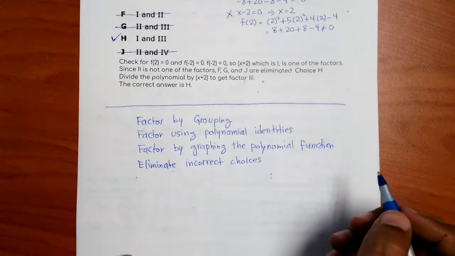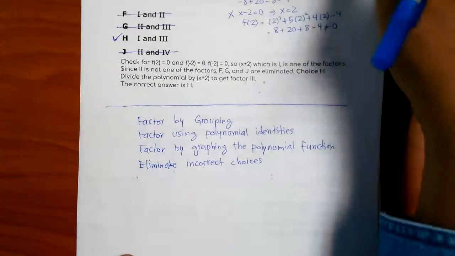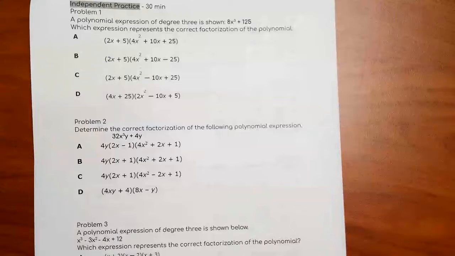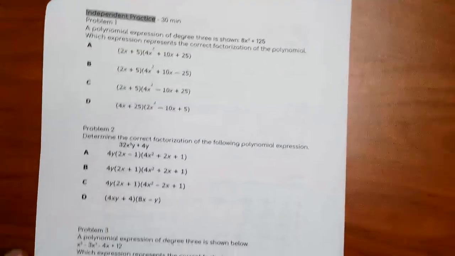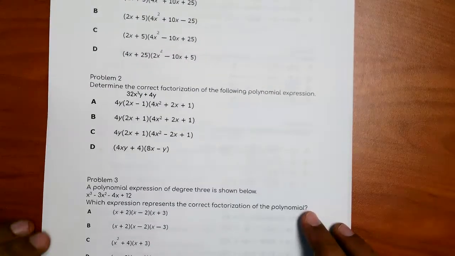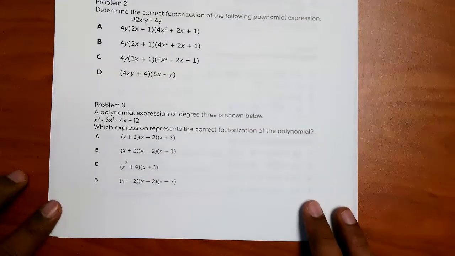Okay. So with that, I will stop here. You do have the independent practice. There are quite a few problems. So every problem, you can use one of those techniques and then pick the right answer or eliminate the wrong answers.